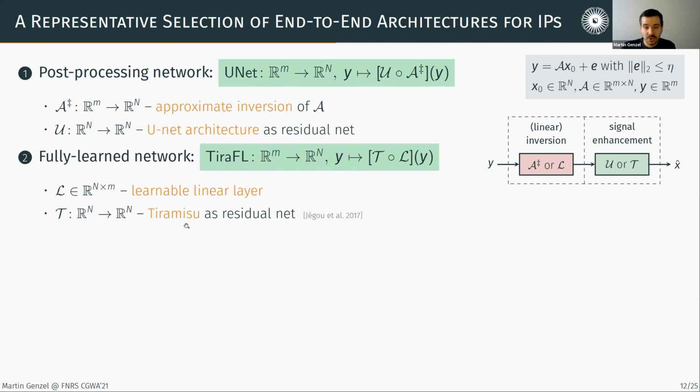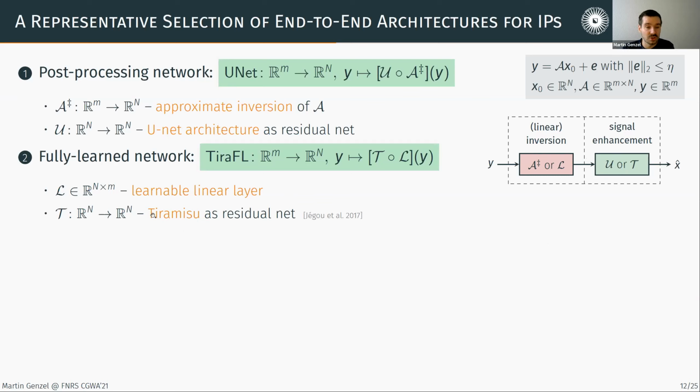What you could do, for instance, is replace this model-based inversion by something that is still linear, but you can make this learnable, right? So this is basically a linear operator. You can make this learnable and hopefully come up with a better initial step before your actual network is applied. And also, of course, this U-Net architecture is very popular, but you're not restricted to this, and you could try something else.